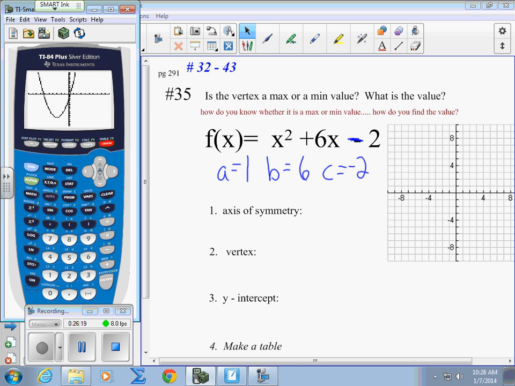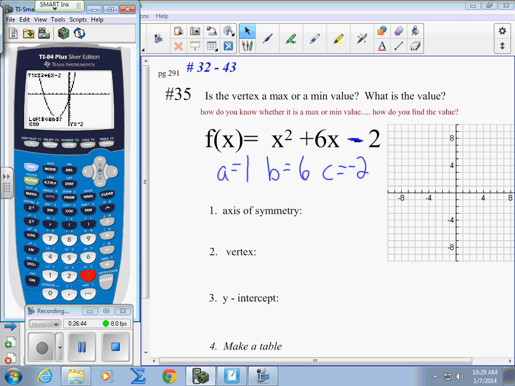So if you go to Calculate, or Trace, you'll notice up here I have value, zero, minimum, maximum, intersection. Obviously I want a minimum value, so I would choose the minimum.